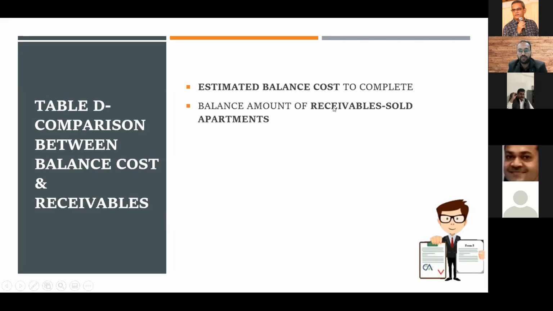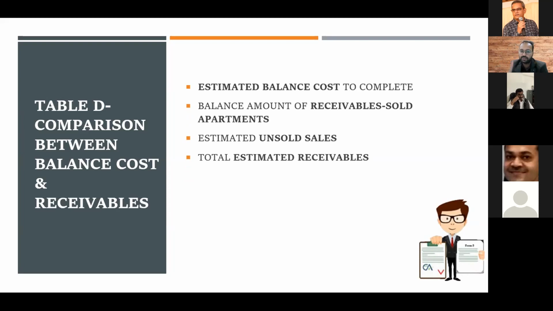Balance amount of receivables is for sold apartments. Estimated unsold sales, so the total of both will be total estimated receivables. Then you have to compare estimated cost and estimated receivables. That's it. But you don't have to calculate 70 and 100% for new projects, only for ongoing projects.